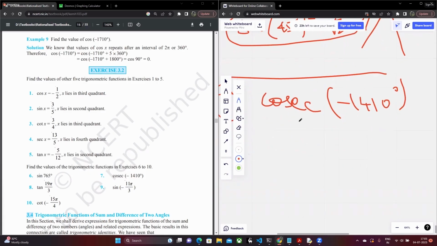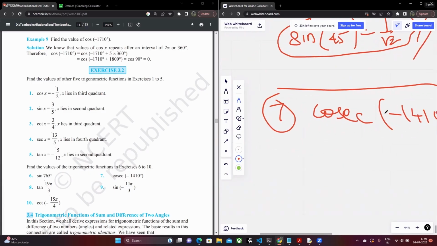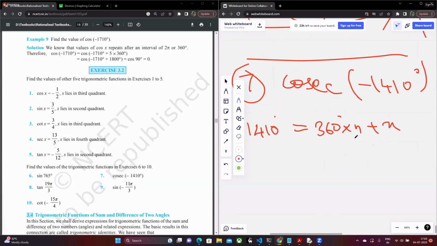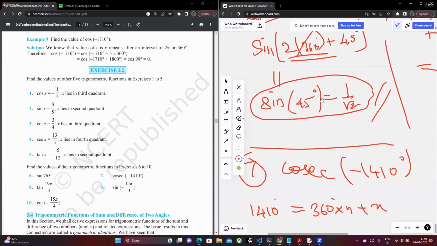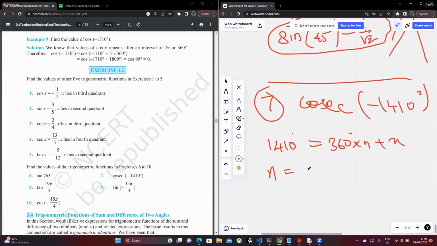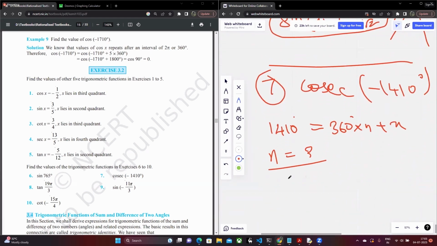Remember that, just ignore this minus for now. Separate 1410 as 360 into n plus x, right? So if I make this as 360 into 3, because 360 into 2 over here, you have seen that's 720, right? So if I take n equals 3, this is going to be trial and error a lot.